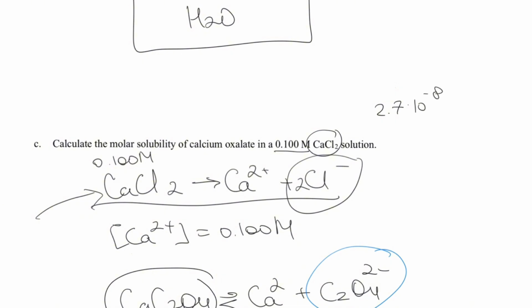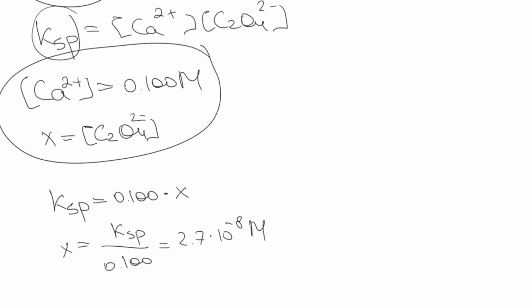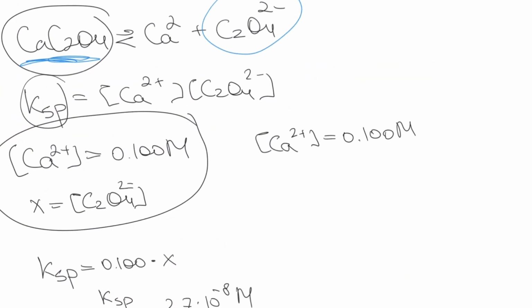But now I want to explain one important detail. In our quick solution, we assumed that our concentration of calcium 2 plus was equal to just 0.100 molarity, right? Because it comes from the calcium chloride, and we ignored the extra calcium ions that might dissolve from the calcium oxalate.